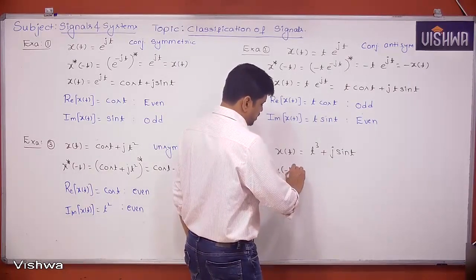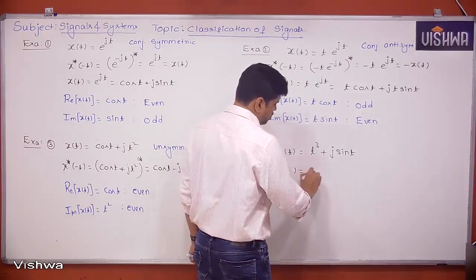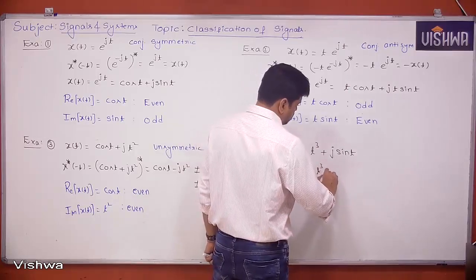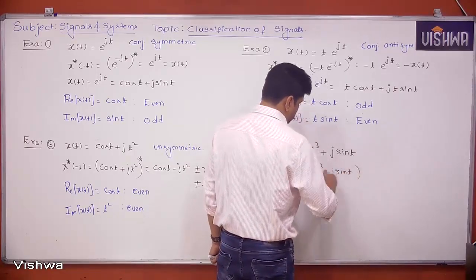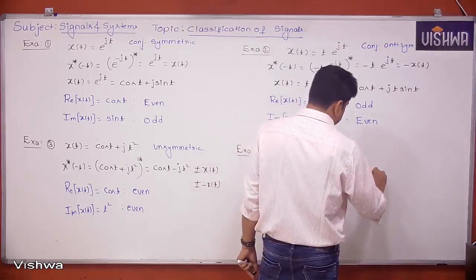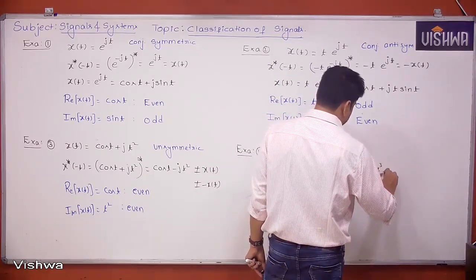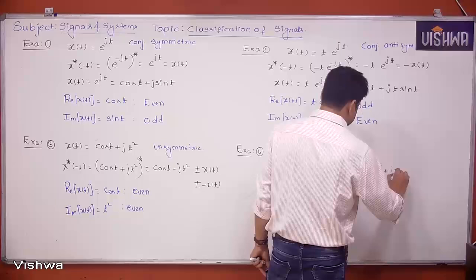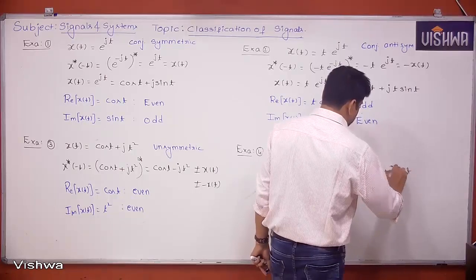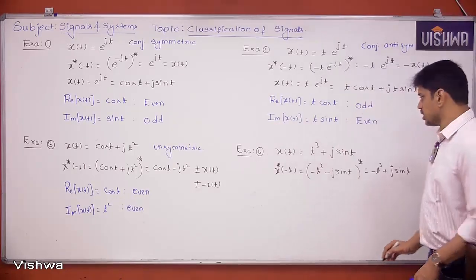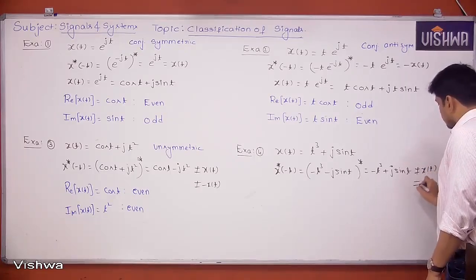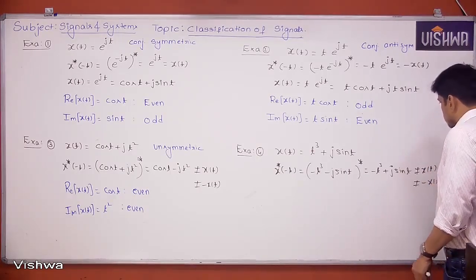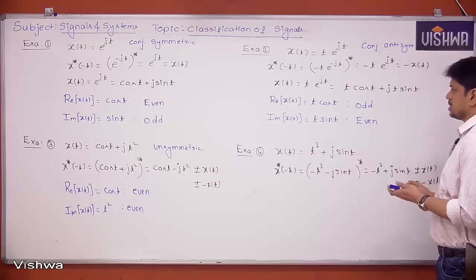x of minus t conjugate, if I try to find out, minus t cube minus j sin t whole conjugate, then it is minus t cube plus j sin t. So if you observe carefully, this is not equal to x of t, and this is not equal to minus x of t. So this is also an unsymmetric signal.